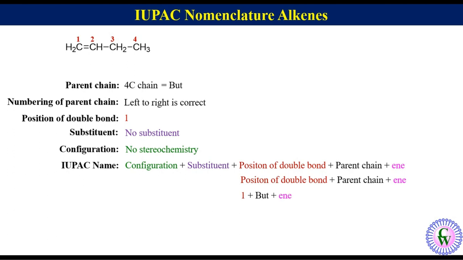While joining, there will be a dash between numbers and alphabet and no space, comma or dash between alphabets. So the IUPAC name will become 1-butene. We have also learned that this can also be named by switching the position of the double bond and parent chain, where all the 3 segments are connected through dashes. So we can also write the IUPAC name of this compound as but-1-ene.